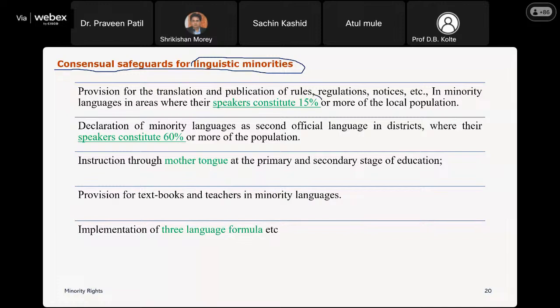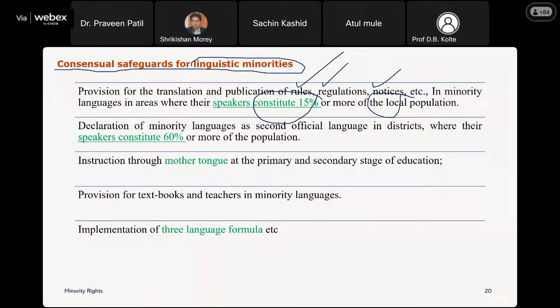If 15% of the population or speakers in a particular local area speak a different language, then it is expected by the state that all the notices, regulations, and rules are also published in the language the people are comfortable with, or the language they speak.